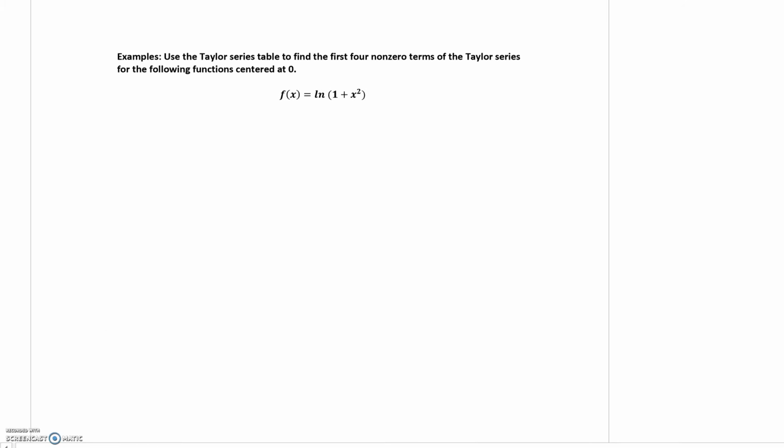Use the Taylor series table to find the first 4 non-zero terms of the Taylor series for the function centered at 0. Well, let's not use the table. Let's actually try to calculate this ourselves. Or actually, because the derivatives are pretty complicated, let's use the table.